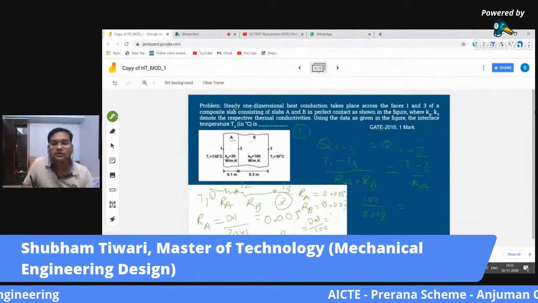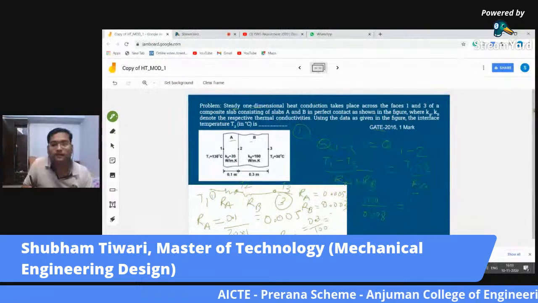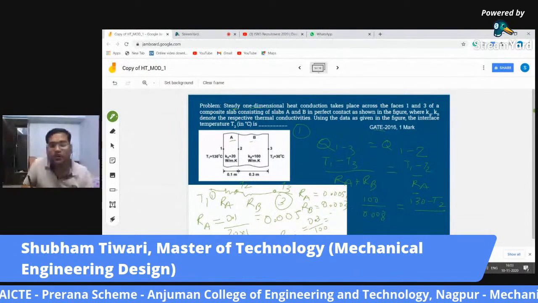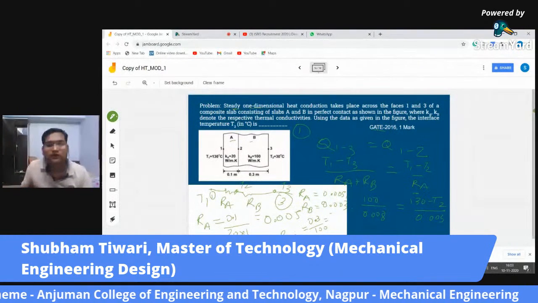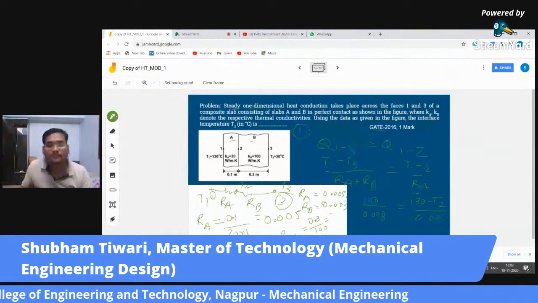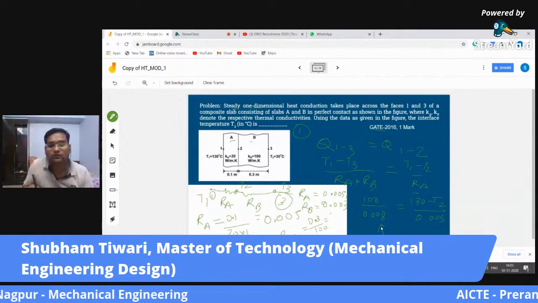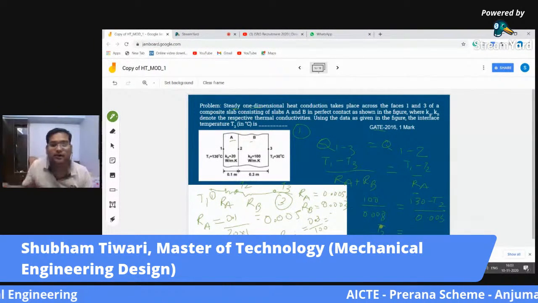So T1 is again 130 minus T2 divided by 0.005. We will solve this equation and try to find out the value of T2. This goes here, 5 by 8 into 100.